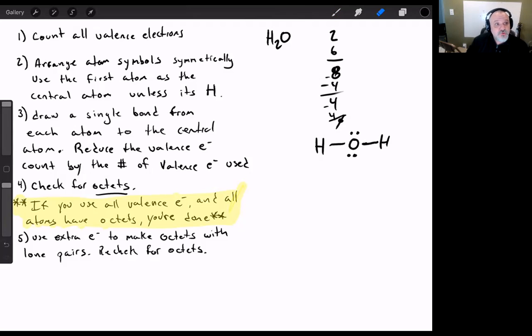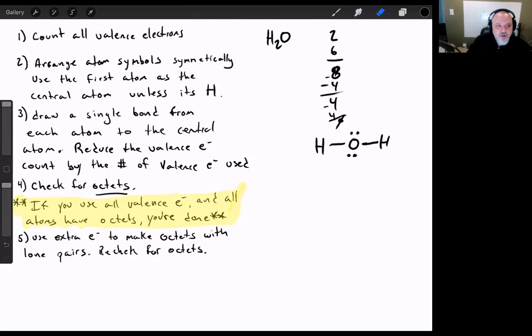Water has 2 lone pairs around the oxygen. What does it look like the geometry of water is based on the picture I drew? If you just look at this picture, you might say tetrahedral, or you might say it's linear.